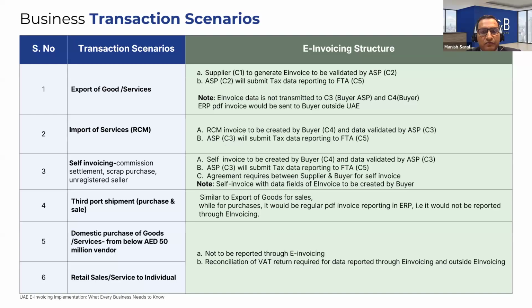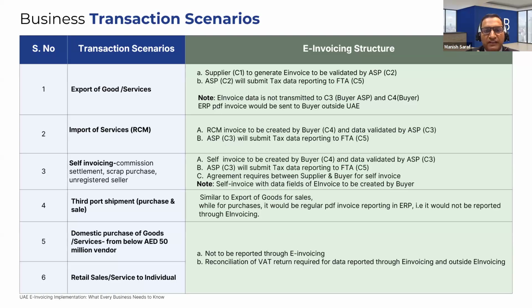In that scenario, you would have a regular PDF invoice coming from them. It is not entering the UAE, so you will account it as a regular invoice from the supplier in Singapore, and then you are raising an invoice to Saudi, though the goods are directly moving from Singapore to Saudi. So you would raise an invoice through your export of goods structure in serial one, which I mentioned.